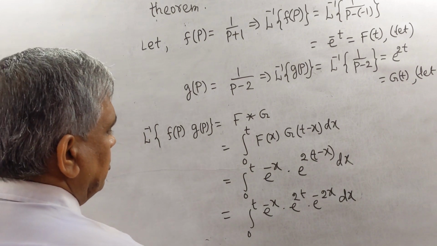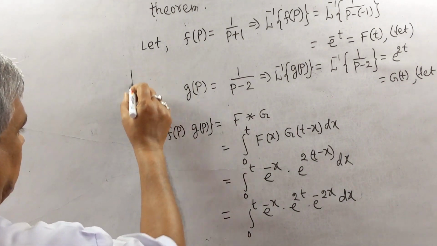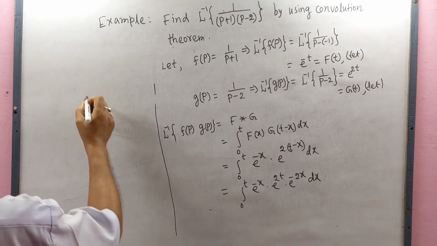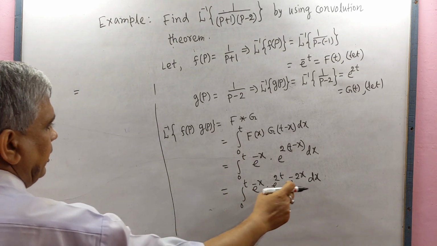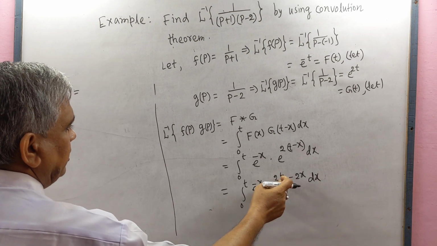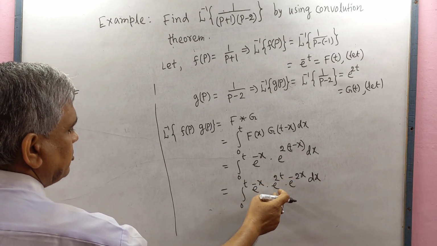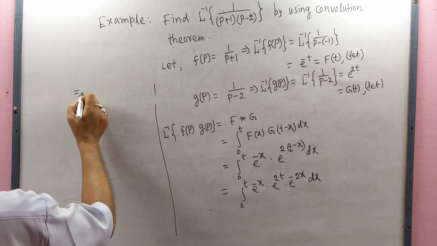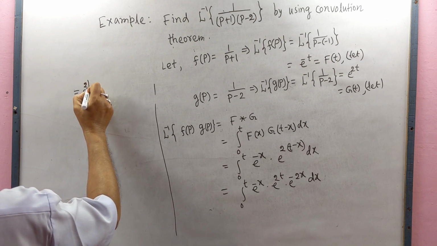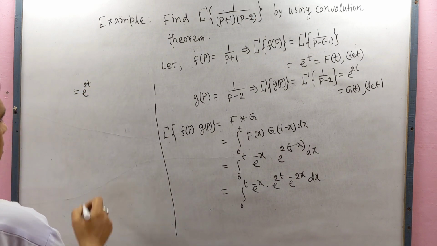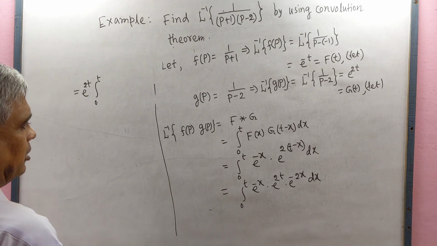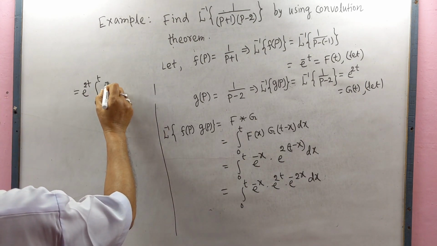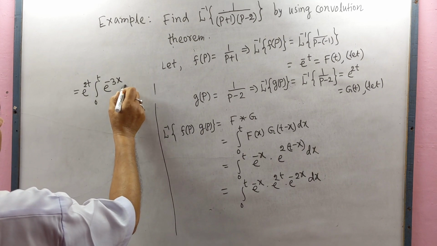So this is equal to, here x is the variable, so t is treated as constant here, so we may take out e to the power 2t. Here remains the integral from 0 to t of e to the power minus 3x dx.